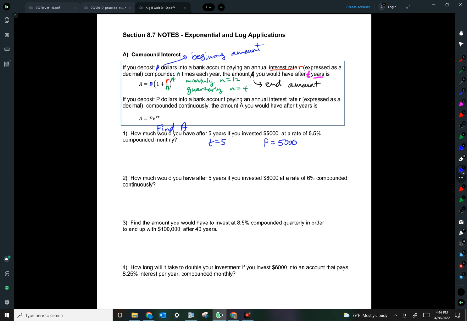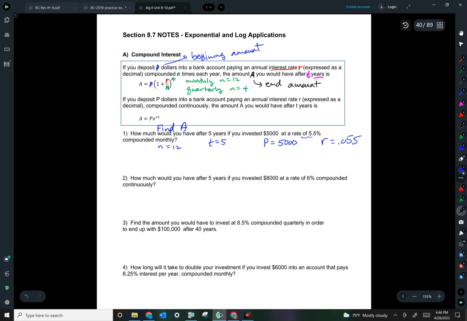Remember, in order to change a percent to a decimal, you move your decimal 2 places to the left. So the R is 0.055. And then it says compounded monthly, so that means that the n is 12.